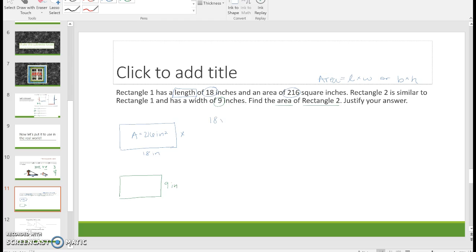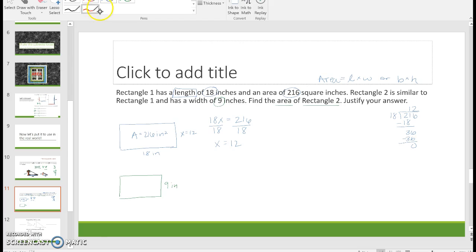So 18x equals 216. So I'm going to divide 216 by 18 to get the width of my first rectangle. 18 goes once. 8, 36. 2 times 18 is 36. So x is 12. So this length here is 12.